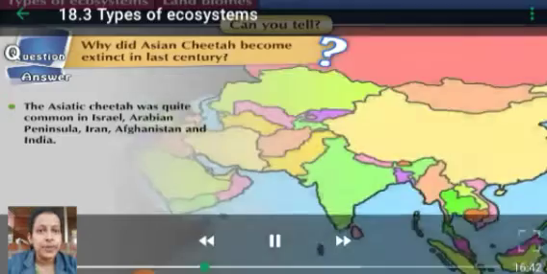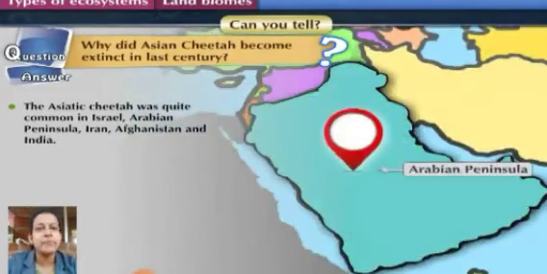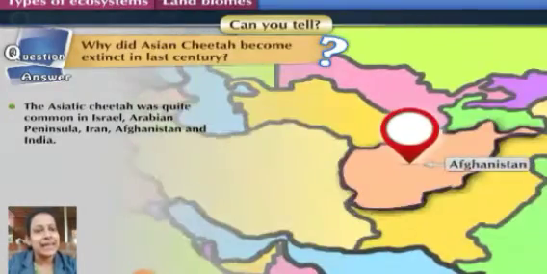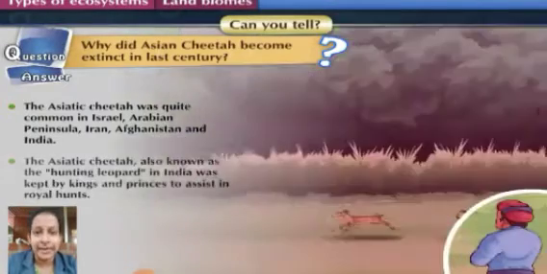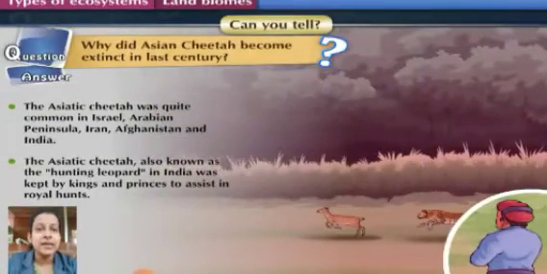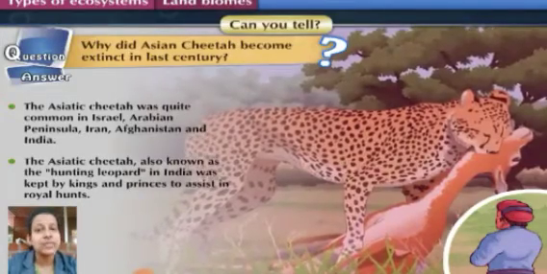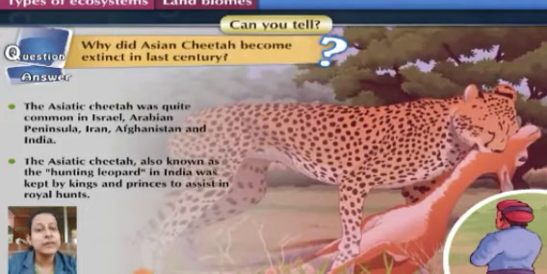Let us learn. The Asiatic cheetah was quite common in Israel, the Arabian Peninsula, Iran, Afghanistan, and in India also. Due to continuous hunting, in India the Asiatic cheetah, also known as the hunting leopard, was kept by kings and princes to assist in royal hunts.